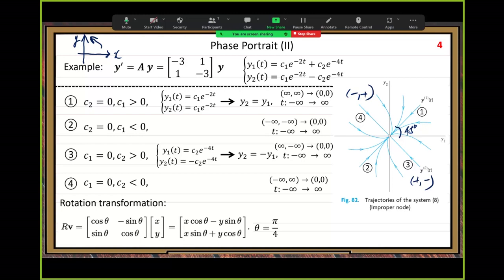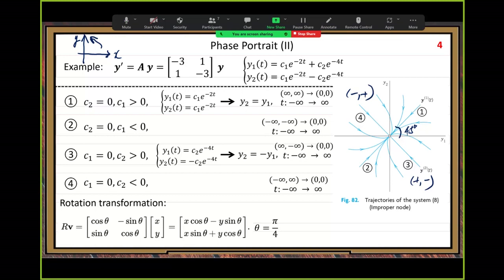We do the 45-degree rotation because we want to use this line as the new y1 axis and that line as the new y2 axis. So let me write.